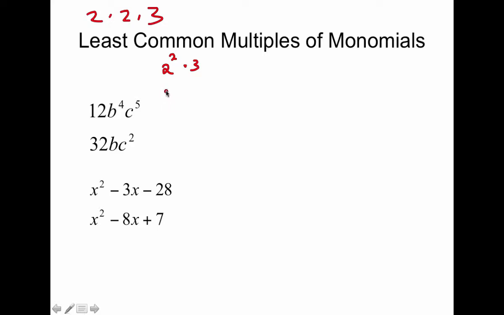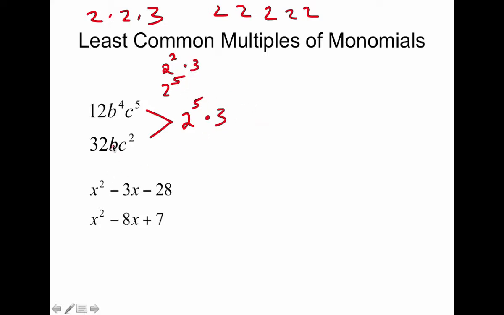32 divided by 2 is 16, divided by 2 is 8, divided by 2 is 4, divided by 2 is 2. So it's 2 to the 5th. And so for my least common multiple, I need a 2, and I need the higher exponent, so I need 2 to the 5th. I need a 3, I need one of everything.